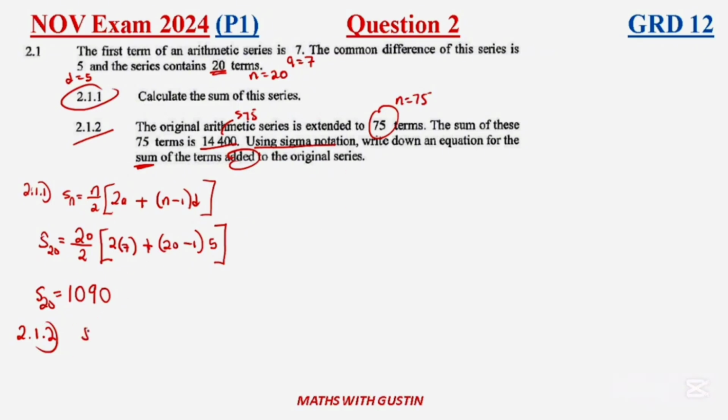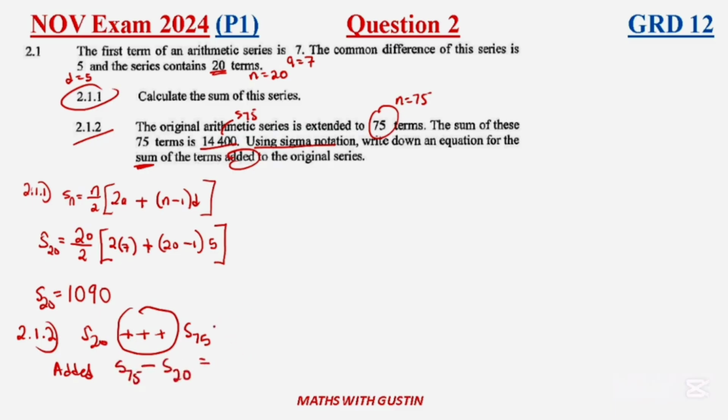Remember, the original one was S20. Something was added to get us to the sum of 75, so the difference between these two should give you what is added in between. So what is added is given by S75 minus S20.